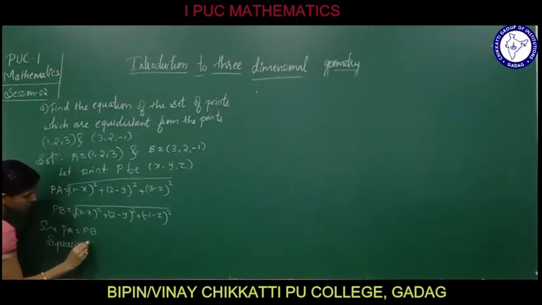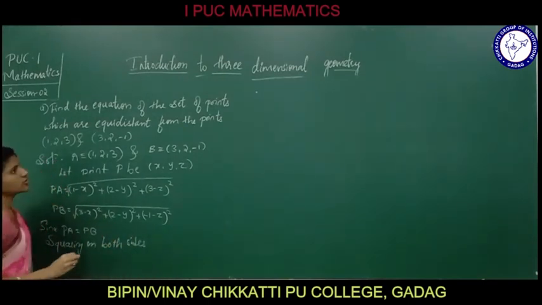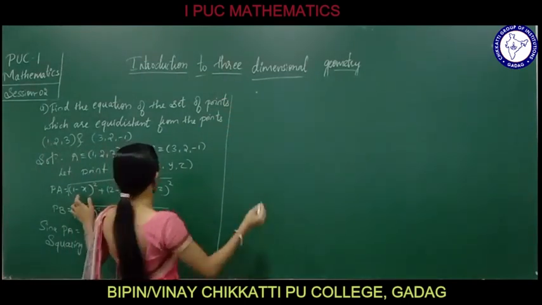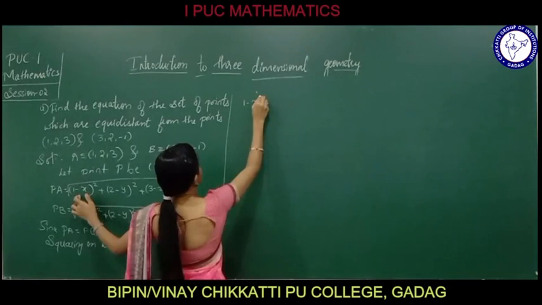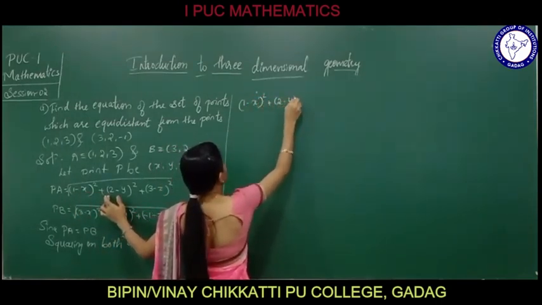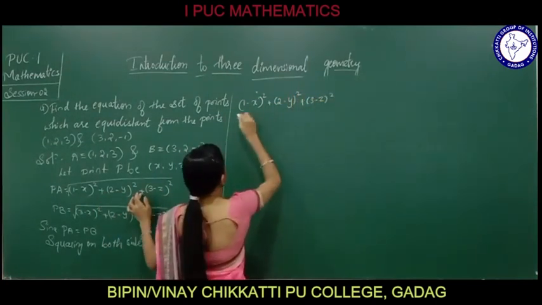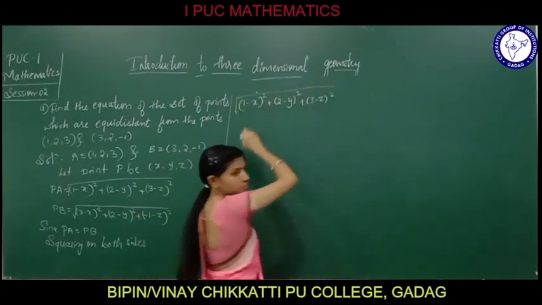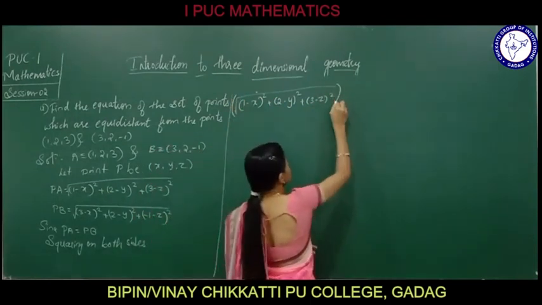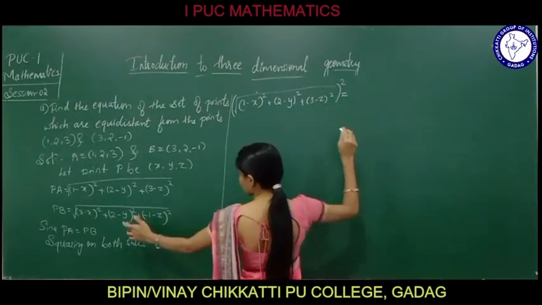We got PA as the root of 1 minus x whole square plus 2 minus y whole square plus 3 minus z whole square. Squaring on both sides, PA square will be equal to PB square.